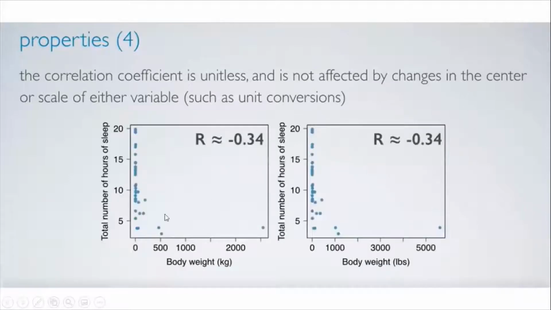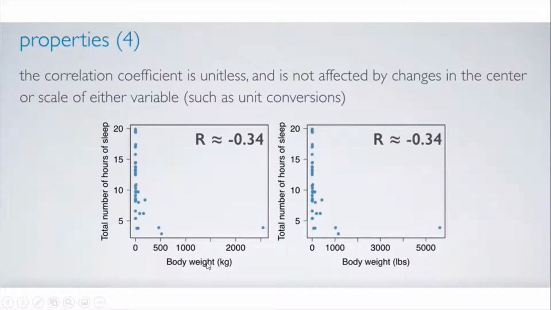Let's look at this plot. This plot is about mammals. On the x-axis we look at the body weight of mammals, and on the y-axis we look at the number of hours of sleep of mammals.